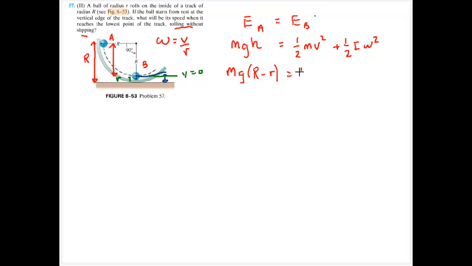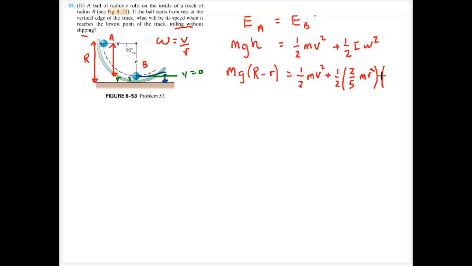Now I can rewrite the rest: 1/2 mass velocity squared, and I can look up the moment of inertia for a ball. So let's do that. I'm going to say 1/2 multiplied by my moment of inertia, which is 2/5 multiplied by the mass of the ball multiplied by its radius squared.